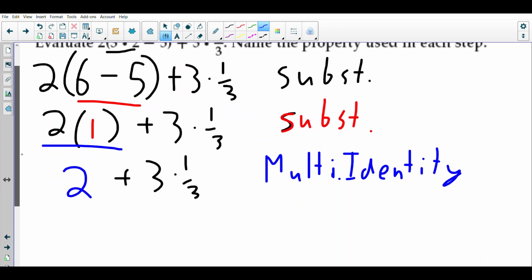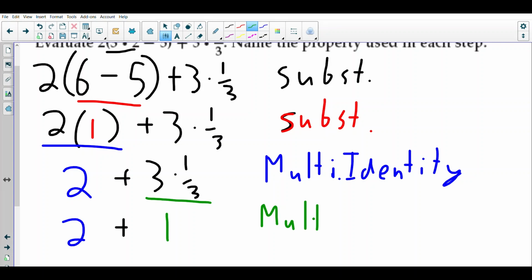Okay, next one, we have more multiplication. We have 3 times 1/3. Well, if we look close, 3 and 1/3, they're reciprocals of each other, and that just gives us 1. So if we take that and multiply and get an answer of 1, that means we used the multiplicative inverse.